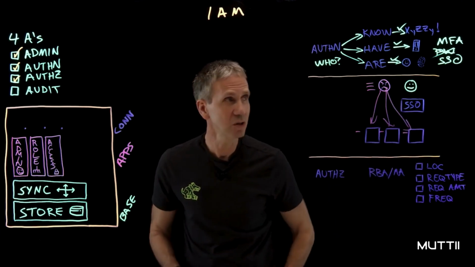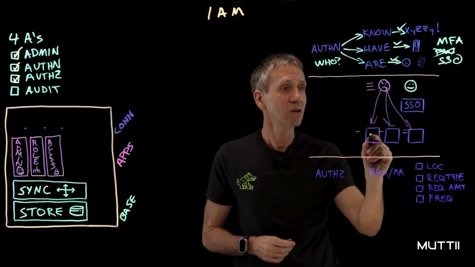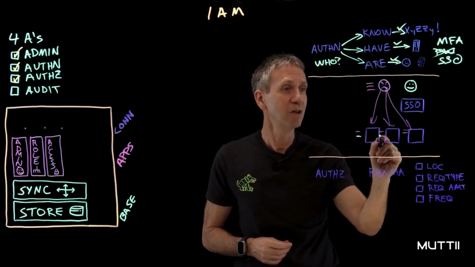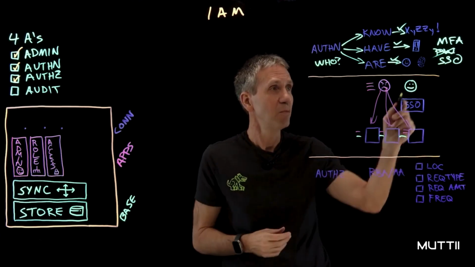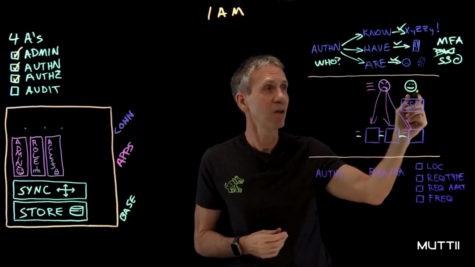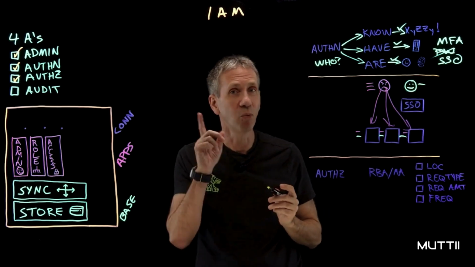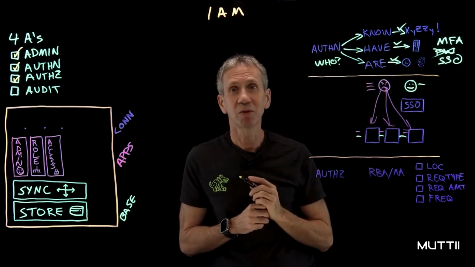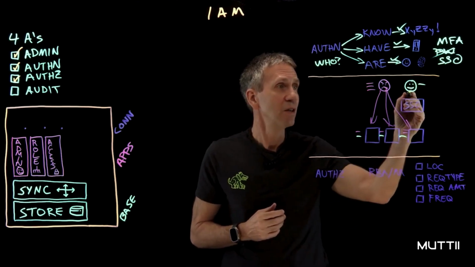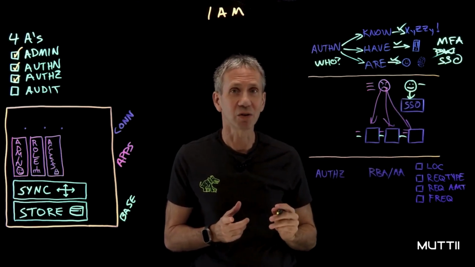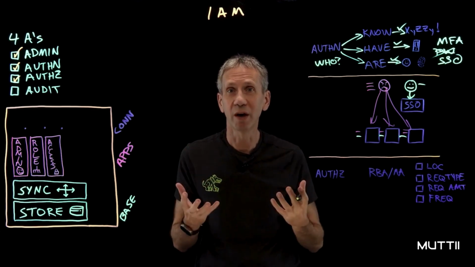Now, a better solution to this is to say, let's go ahead and in fact have different passwords on these systems if that's all they support. But I'm not going to require the user to keep up with all of that. Maybe I'm going to require the user to keep up with one password, or maybe I'm going to use multi-factor, and maybe the password is or is not one of those factors. They're going to log into a single sign-on system. So prove who they are once.